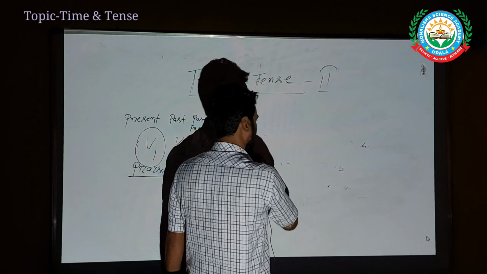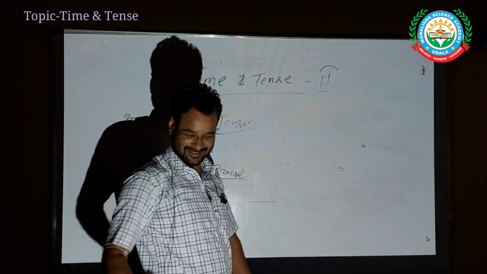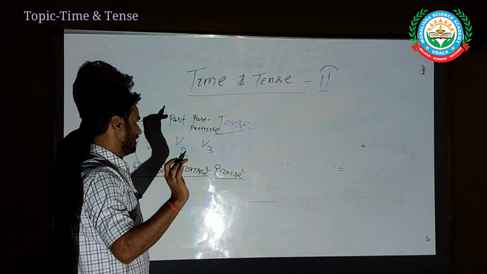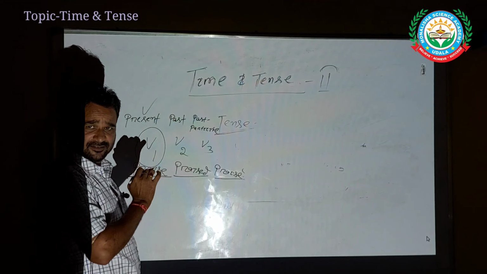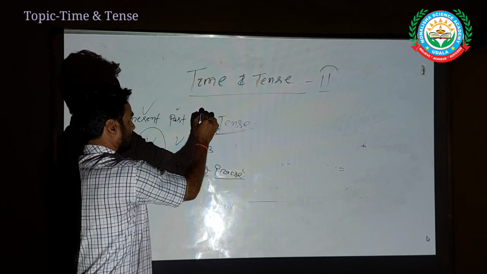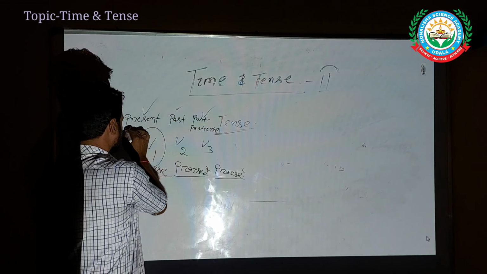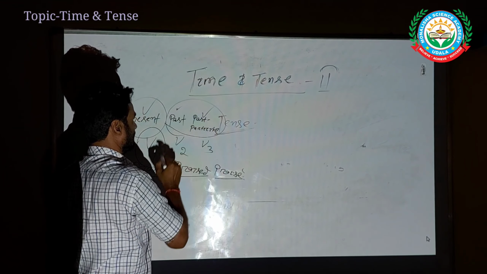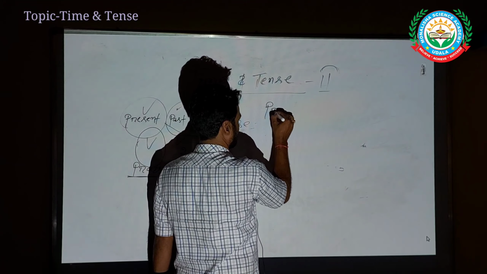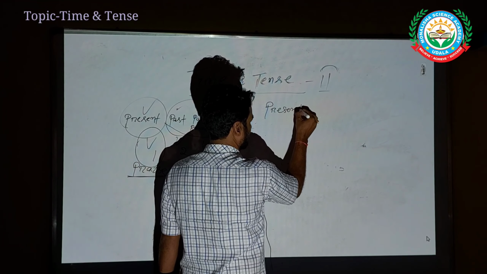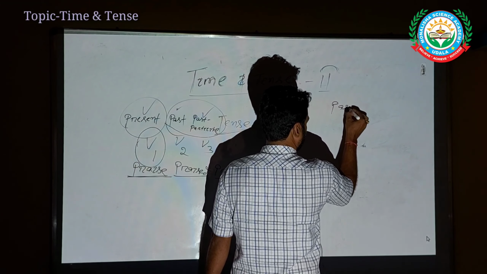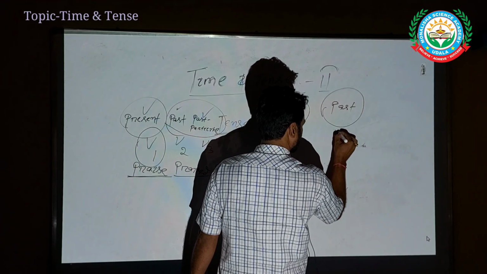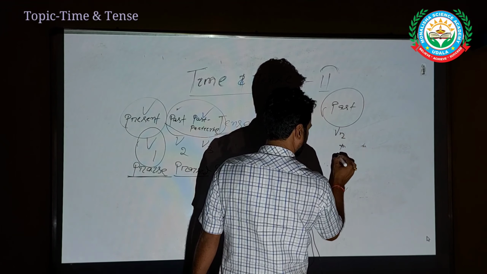Next, I would like to tell you why it is said that tenses are of two types. You see here. So this is present tense, past tense, and past participle. So this is one, present, and past is one. The present and past. The present tense is V1 and past tense is V2 and V3.